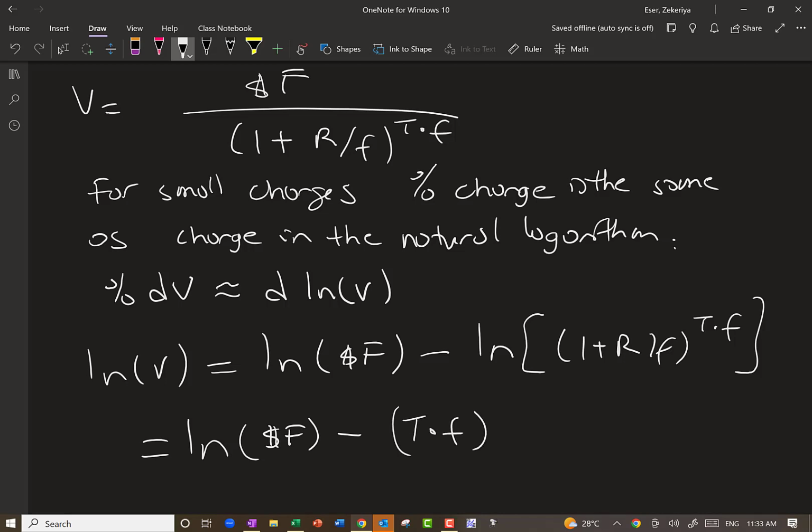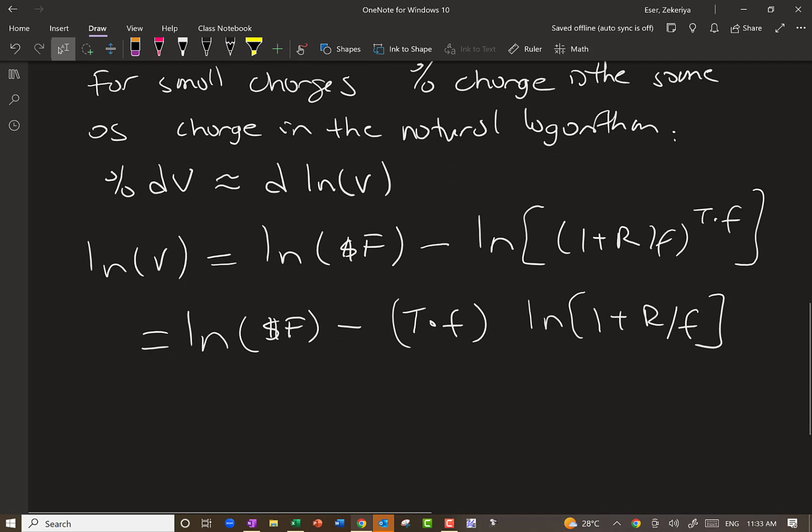Now, if you calculated the derivative of this, d ln v with respect to interest rate, well, the first term does not depend on interest rate, so it's a constant.